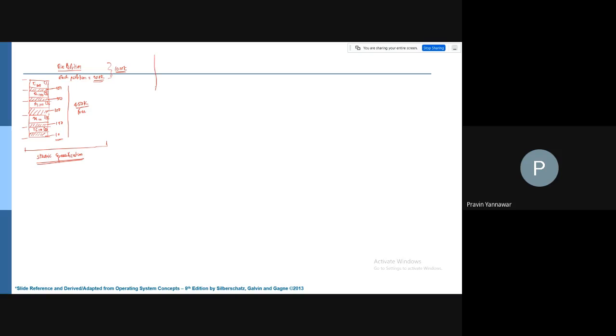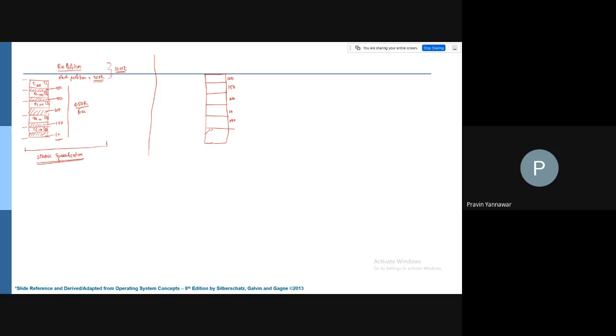Now, to this we are going to extend one more case. Say for example here, what is going to happen? First partition 100k, second partition 150k, third partition 100k, fourth partition say 10k, fifth partition 190k.